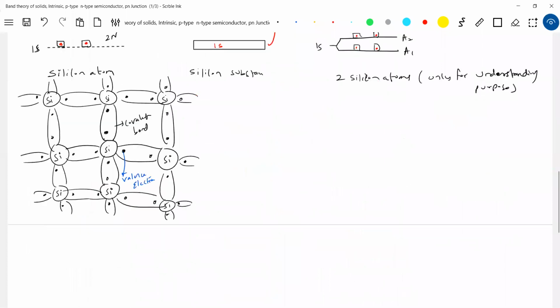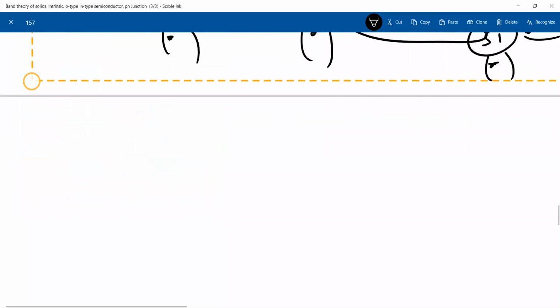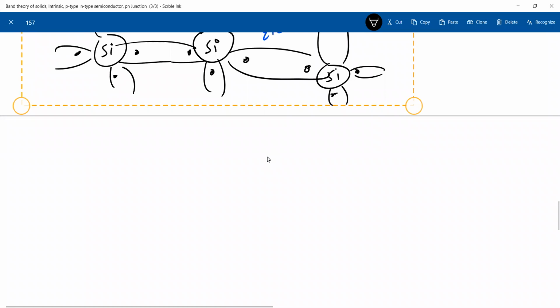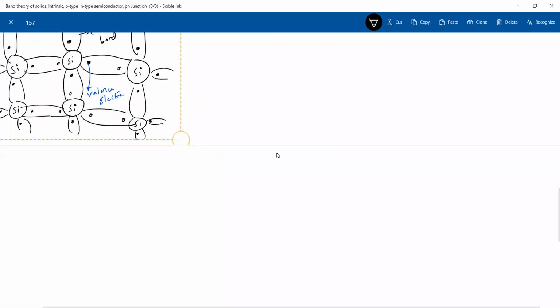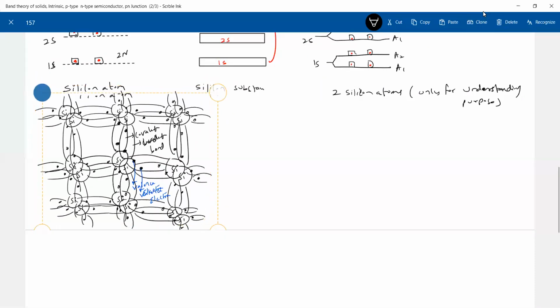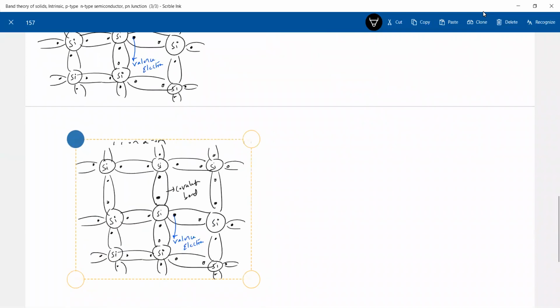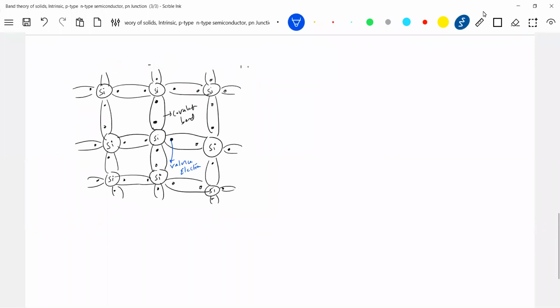Practically, if you look at silicon, some of the valence electrons will jump to the conduction band.